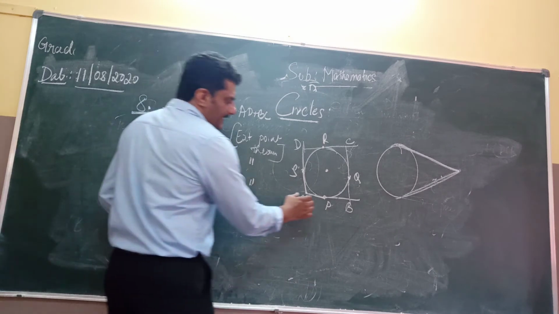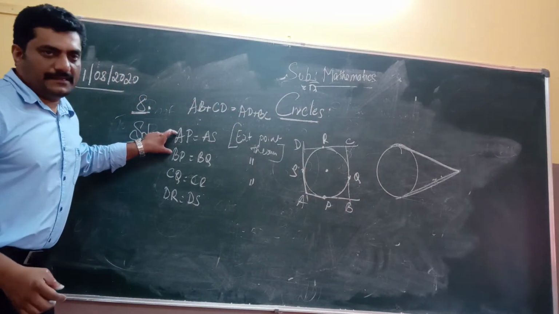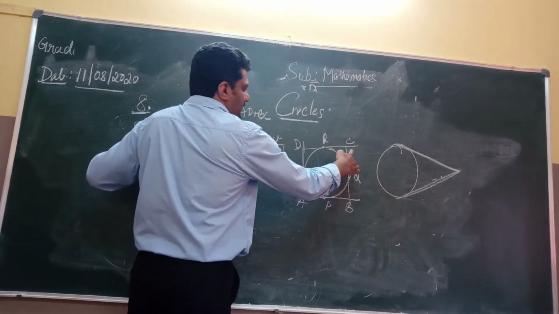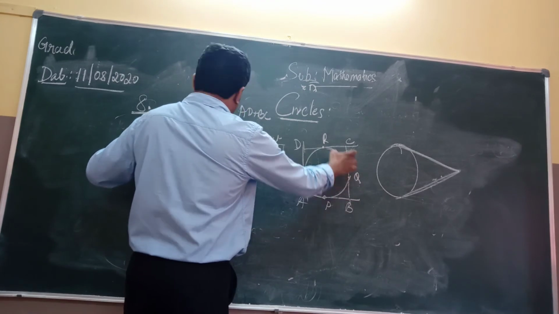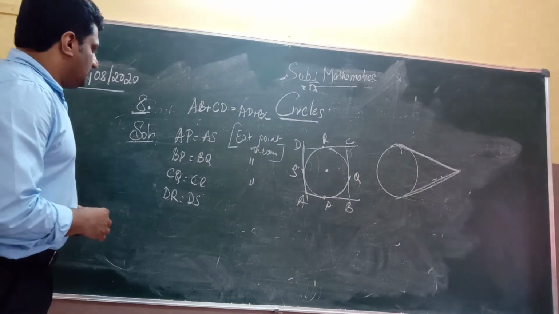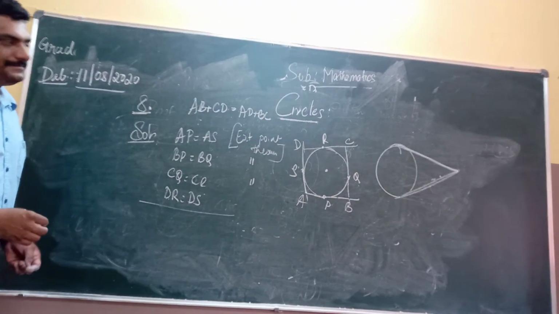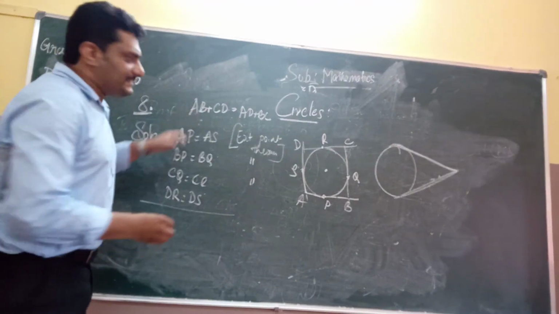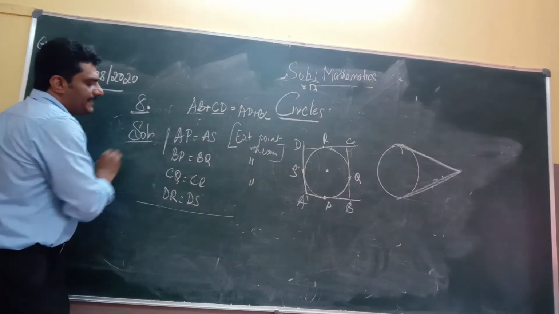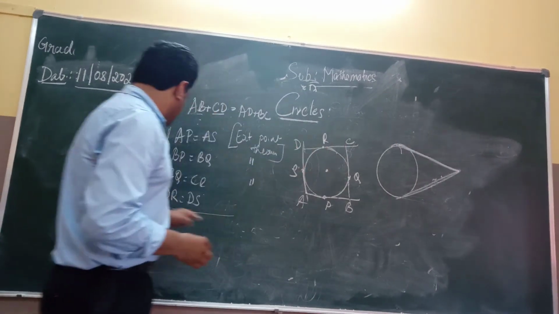Now if I add AP and BP, I will get AB. And with CQ and BQ, on the left hand side I have to get AB and CD. With these two I get AB. Now where is CD? Do I have CR and DR?